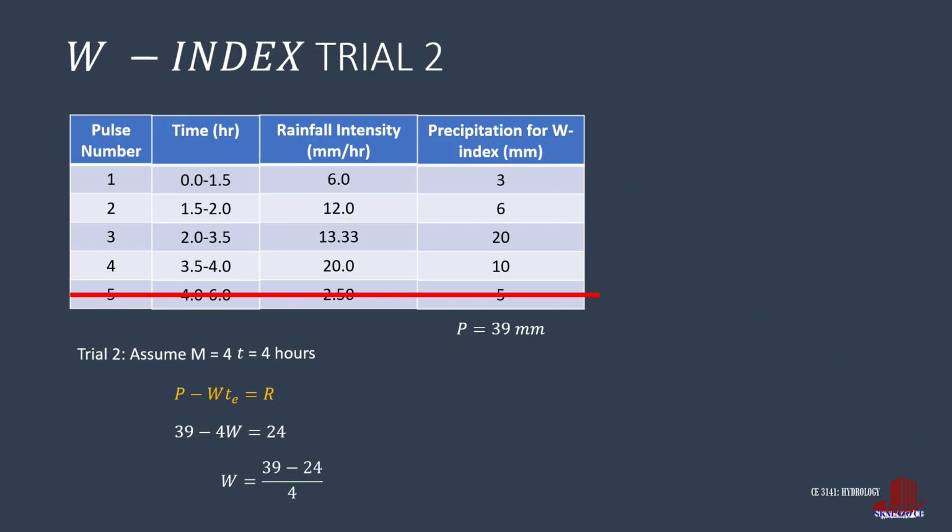The W index is then 39 less 24 all upon 4. This gives 3.75. Checking on the rainfall intensities, the W index is lower, meaning there are runoffs for the 4 pulses. So W is 3.75 millimeters per hour.